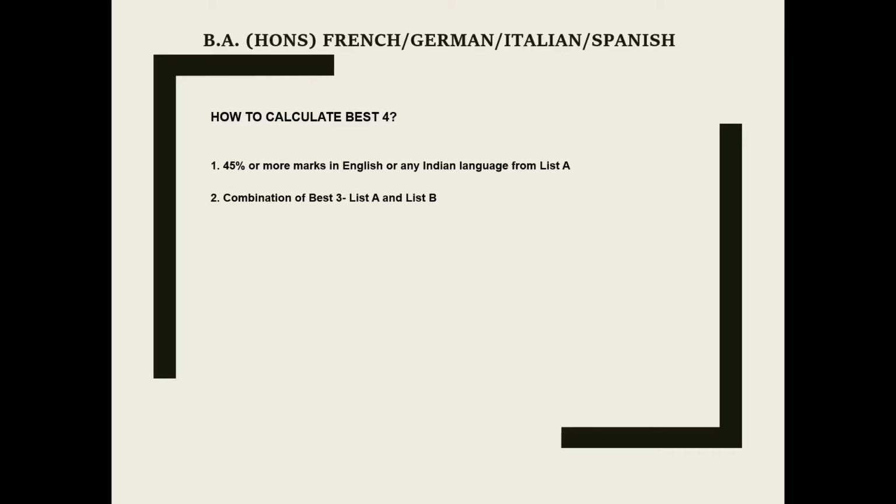Then for the remaining 3 subjects, you make a combination using list A and list B. If you are choosing any subject which is neither mentioned in list A nor in list B, then you face a deduction of 2.5% for every such subject. So this is how you calculate your marks for these particular subjects.